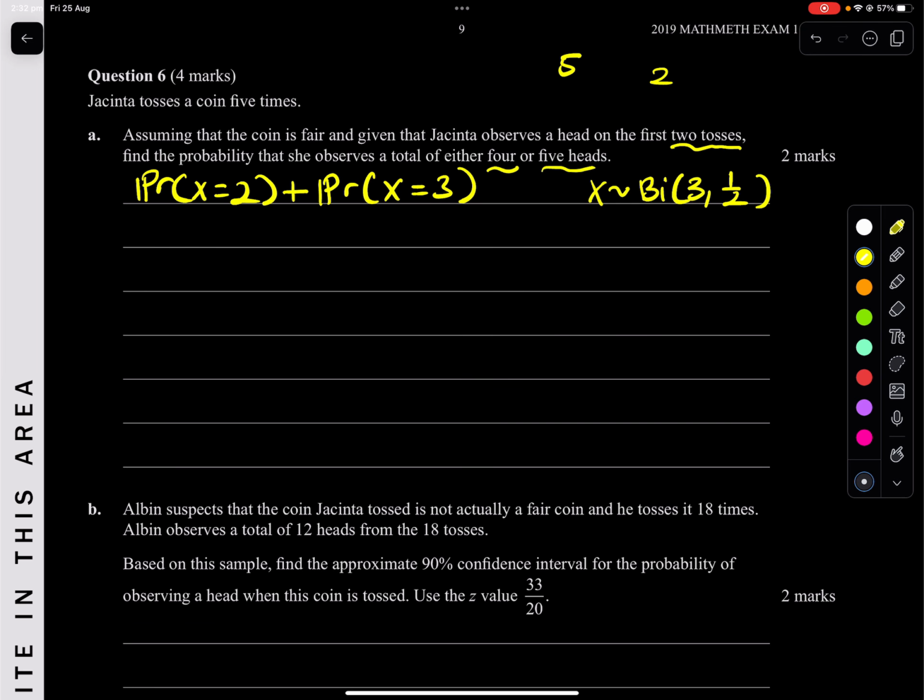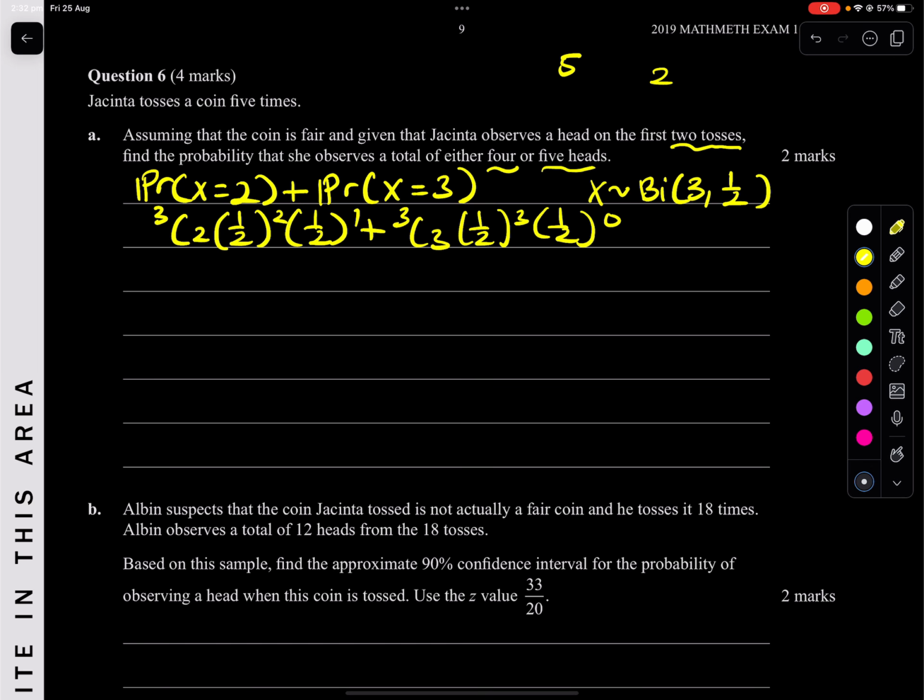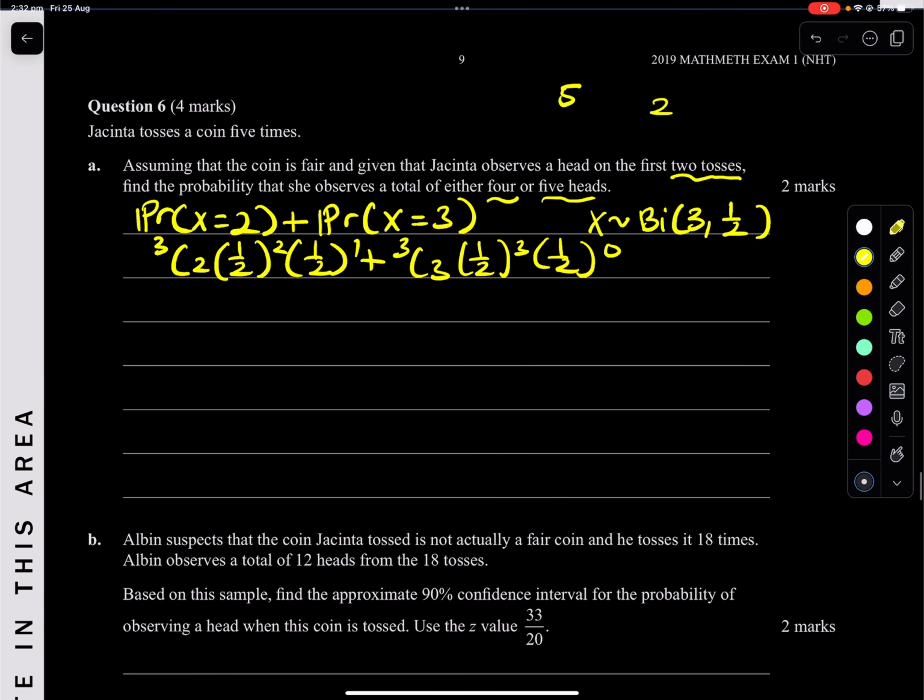So that would equal 3 choose 2, probability of success is half squared, half to the 1, plus 3 choose 3, half cubed, half to the 0. 3 choose 2, well, if I'm just drawing this, so it'll be 1, 3, 3, 1.